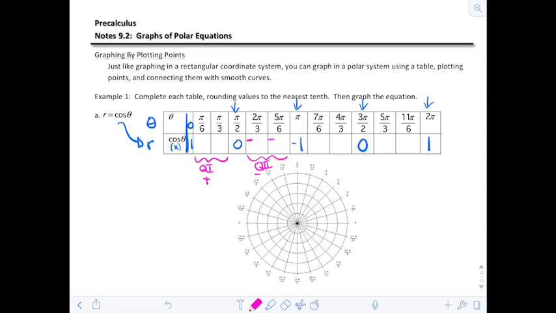That's one of the things kids always forget to do, is go back and label their signs, so I'm going to do it first. Then quadrant 3, 7 pi over 6 and 4 pi over 3. Cosine is negative there as well. And then 5 pi over 3 and 11 pi over 6, this is quadrant 4, and cosine is positive.